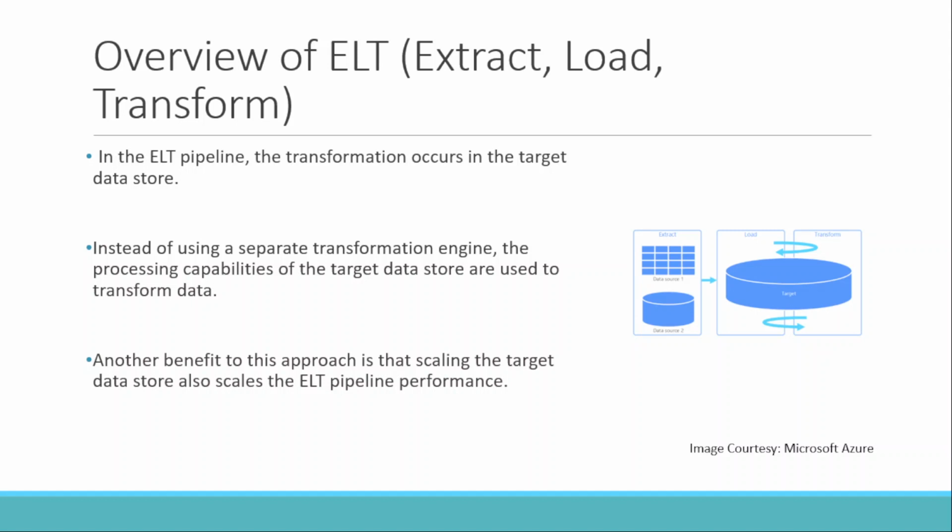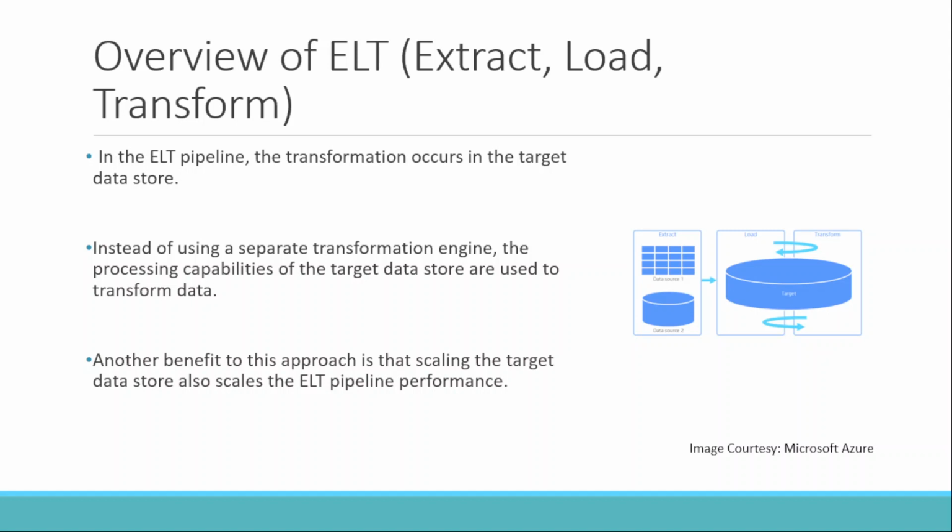Instead of using a separate transformation engine, the processing capabilities of the target data store are utilized to transform the data. This simplifies the architecture by removing the transformation engine from the pipeline. Another benefit of this approach is that scaling the target data store also scales the ELT pipeline performance.